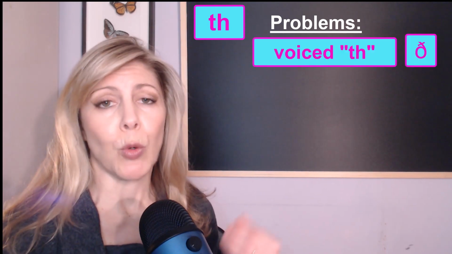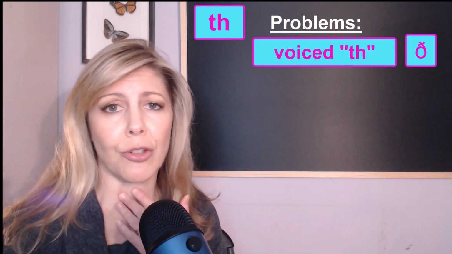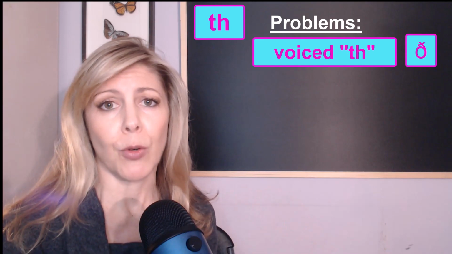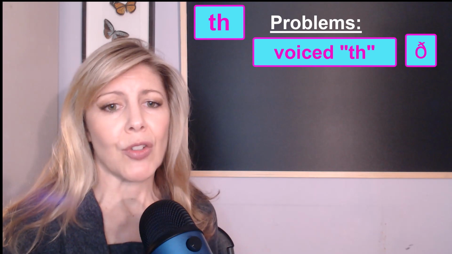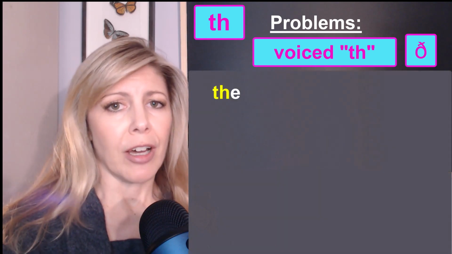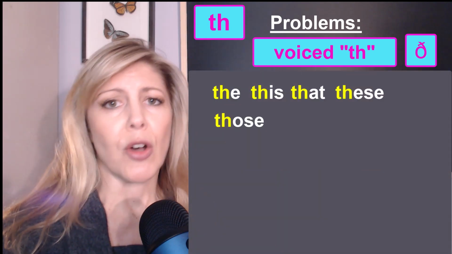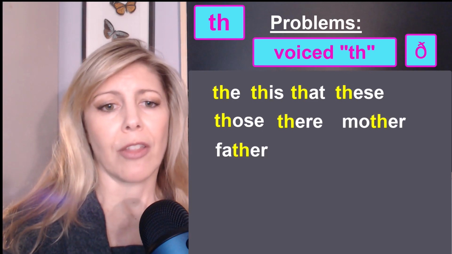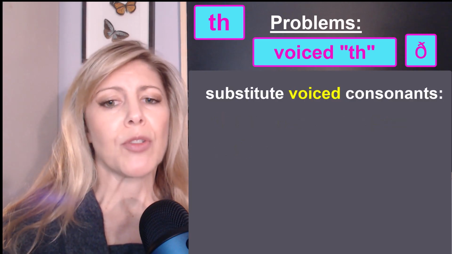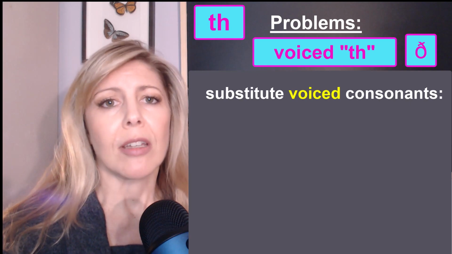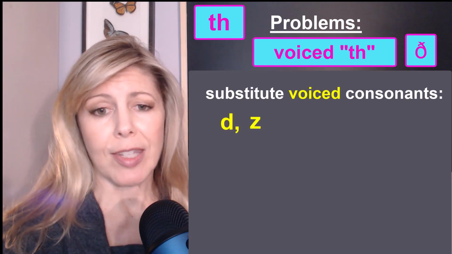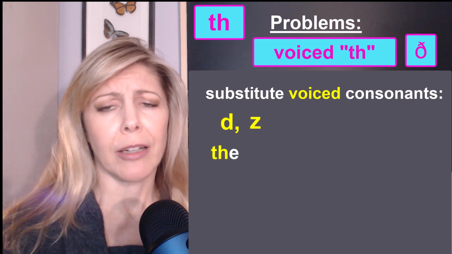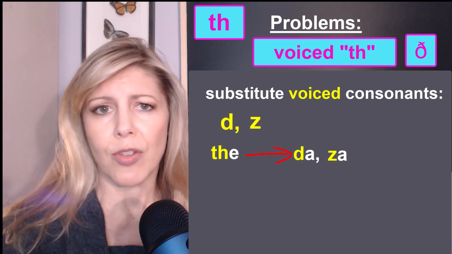Now let's look at some problems for the voiced TH. Voiced TH sounds like the. You're just using your voice. It's like an unvoiced TH, same mechanics, but you're using your voice. So for words like the, this, that, these, those, their, mother, father, the tendency is to substitute with voiced consonants, d and z, or like with the letter D and letter Z. So for the word the, you might say d or z.